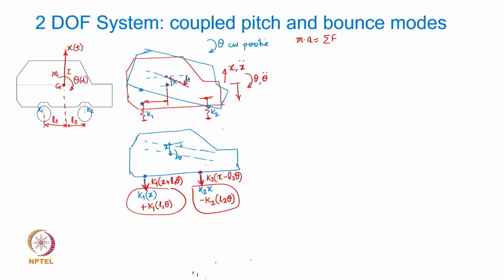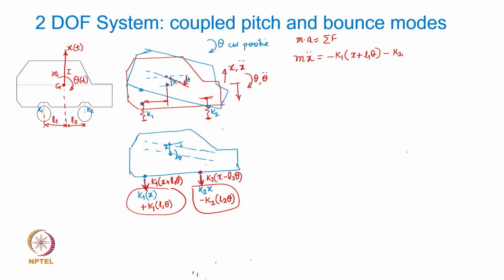If I look at the motion along x, or vertical bounce, then it is going to be m x double dot equal to, this force is going to be in the opposite direction, so minus K1 into x plus L1 theta, and minus, because this free body is being subjected to two of these restoring forces.